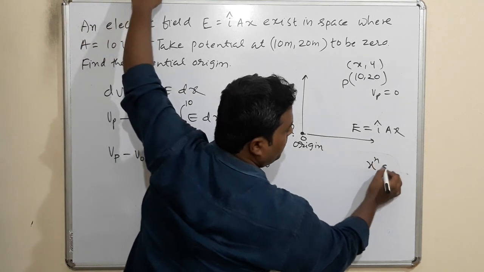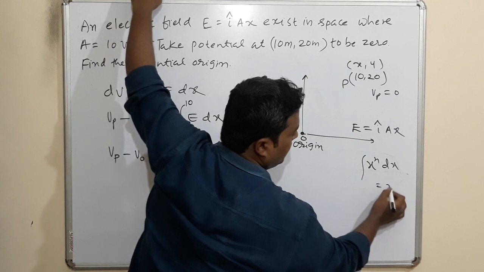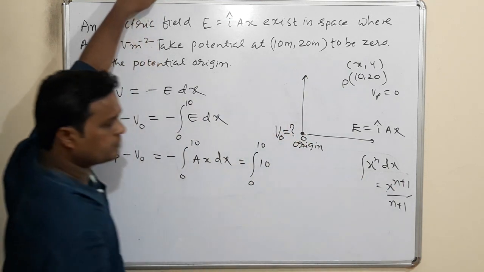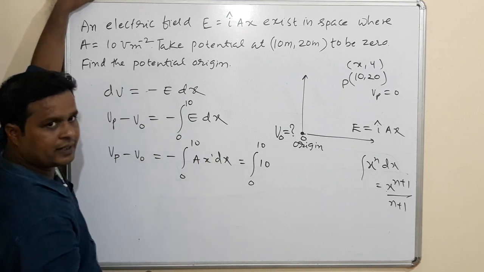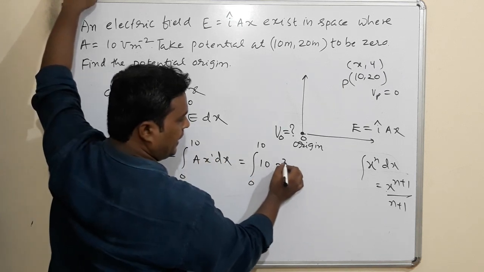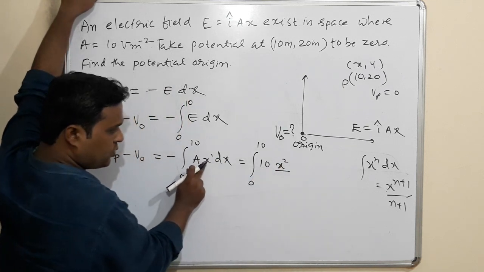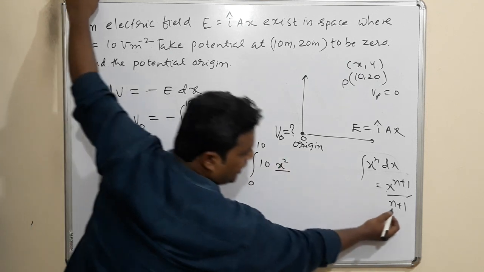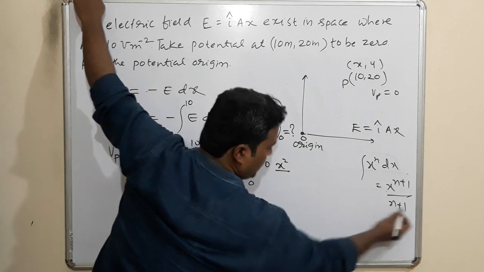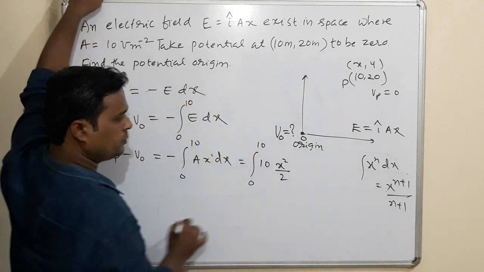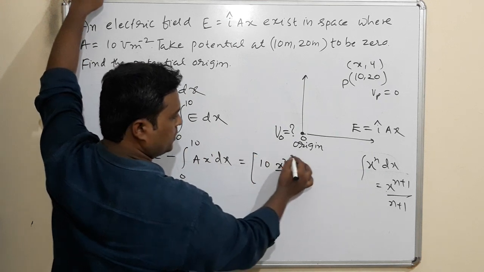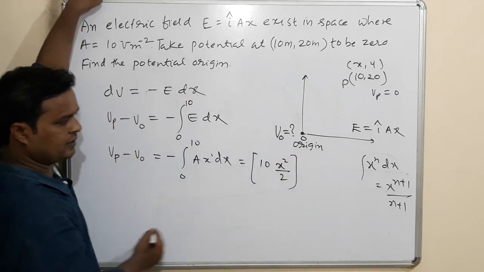Integration of x to the power n dx is x to the power n plus 1 divided by n plus 1. This is x to the power 1 here. Then this will be x square by 2, since 1 plus 1 is 2, divided by n plus 1, again 2. And after the value, you don't put the symbol of integration.